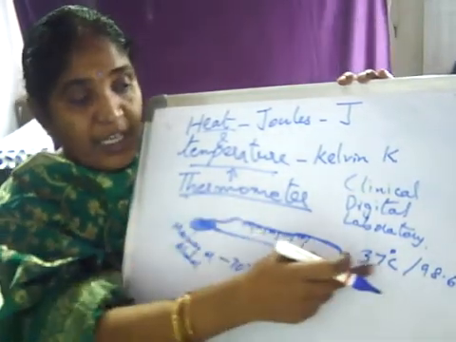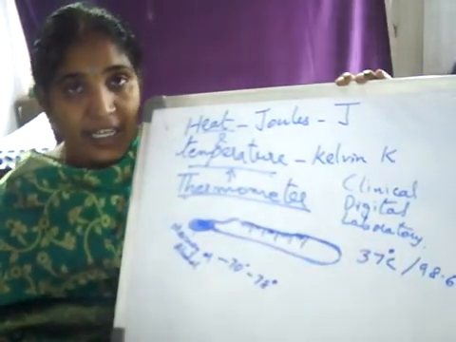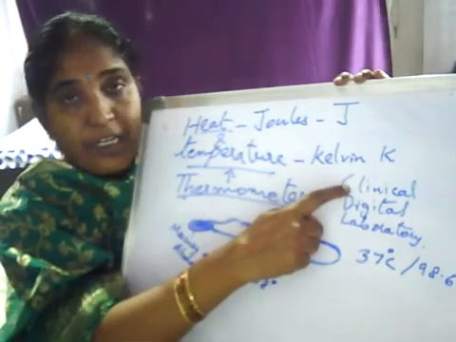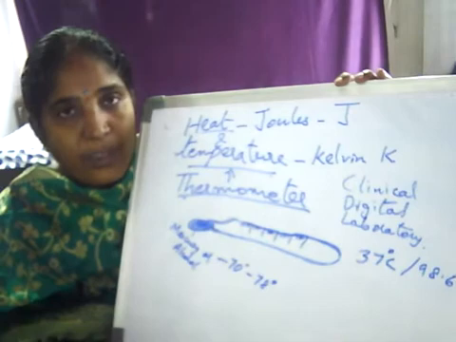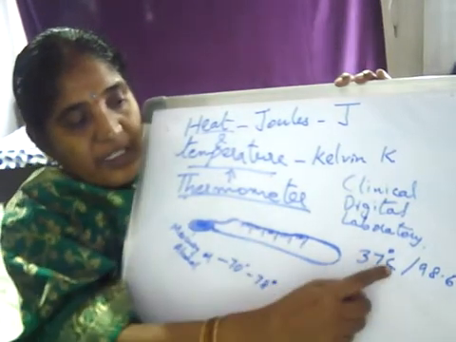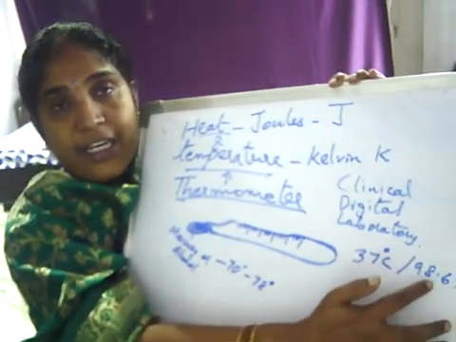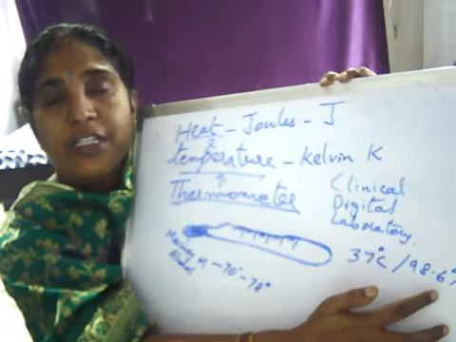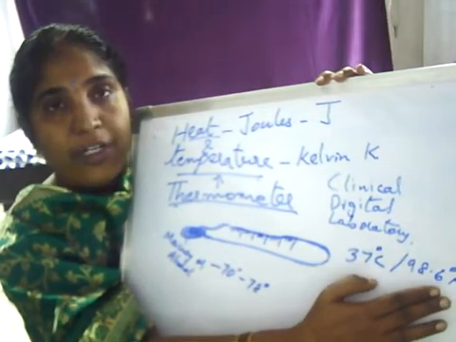When we come to the scales, you will learn about the Celsius and Fahrenheit scales. So the clinical thermometer is used to measure body temperature, and a normal body temperature is 37 degrees centigrade on the Celsius scale and 98.6 degrees on the Fahrenheit scale. Fine. This is the normal temperature.